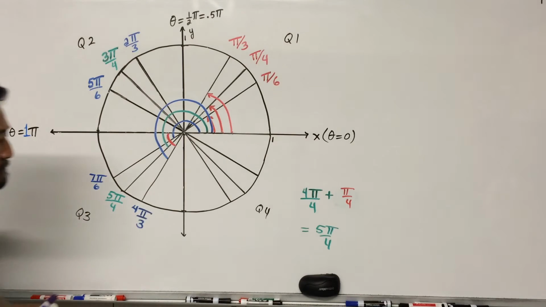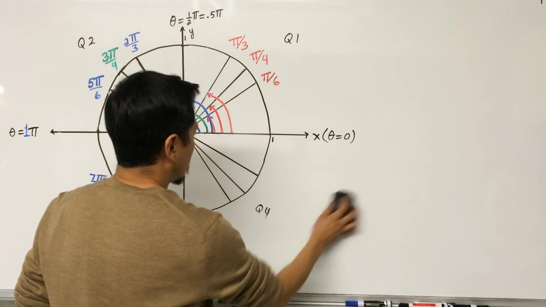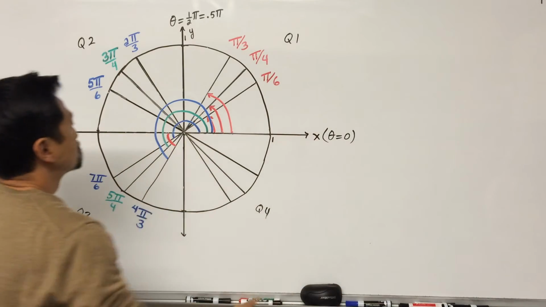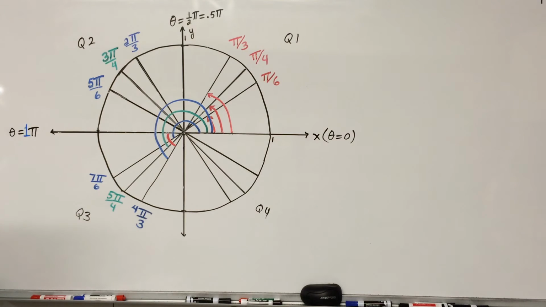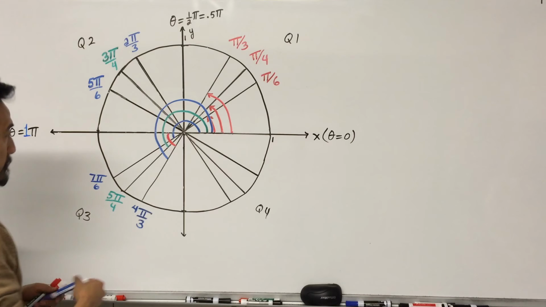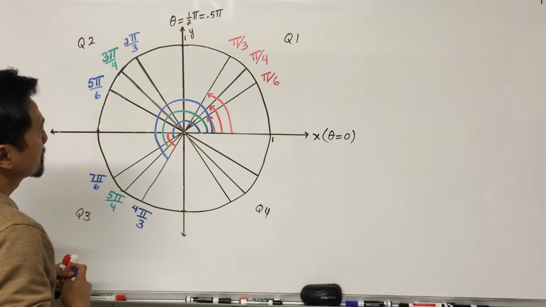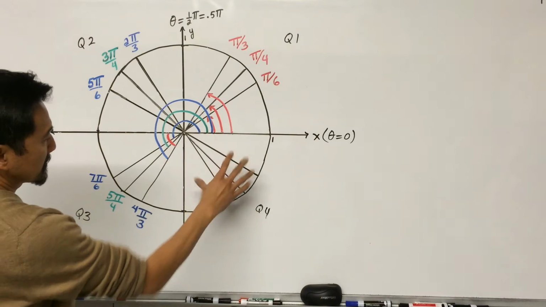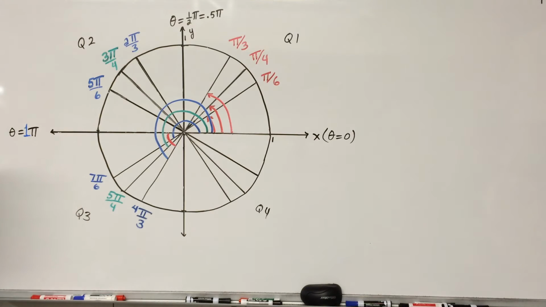Okay? Now, I want to look at the special angles in quadrant 4.